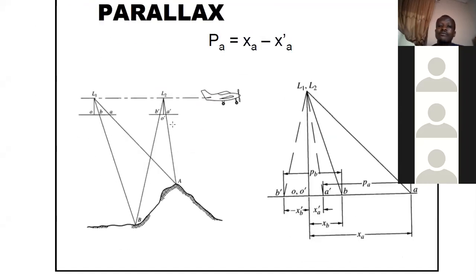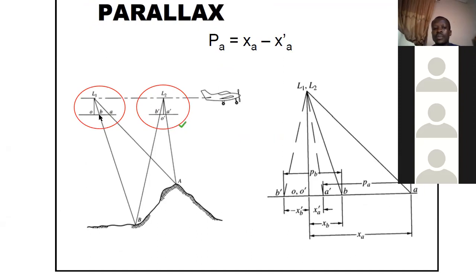The parallax for a point is given by the coordinate in one coordinate system subtracted from the coordinate in the other coordinate system. So let's look at the left-hand side. This is one coordinate system, and that is another. We're using the prime for the right-hand side.